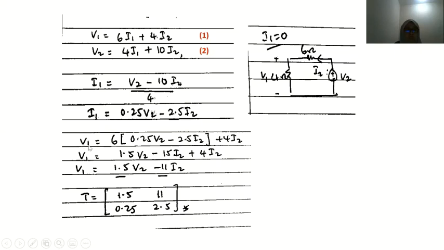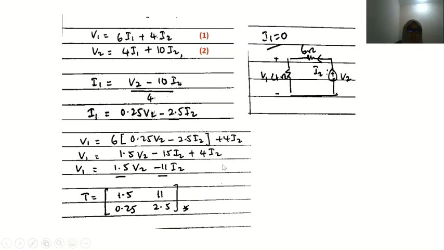So you get your V1 is 6 times 0.25 V2 minus 2.5 I2, plus 4 I2. Finally, your V1 is equivalent to 1.5 V2 minus 11 I2.